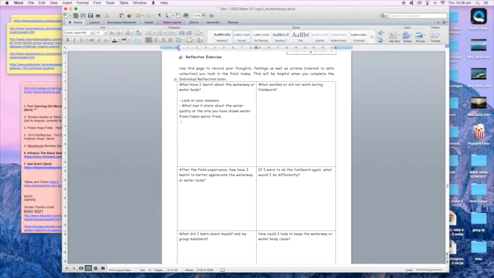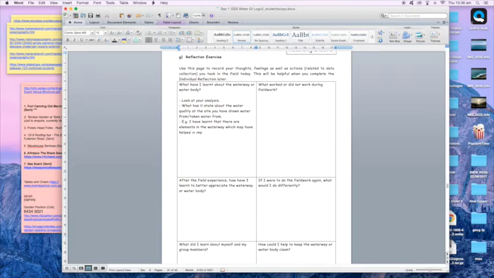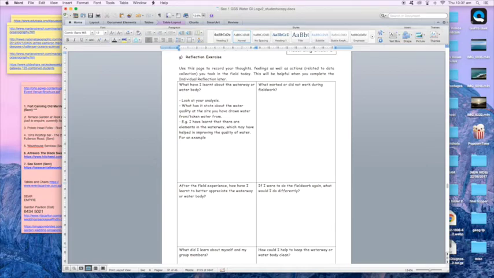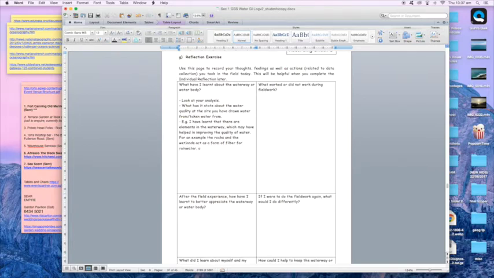So maybe you say that, for example, I've learned that there are elements in the waterway which may have helped in improving the quality of water, like for example, the rocks and the wetlands as a form of a filter for rainwater or water traveling down the waterway.